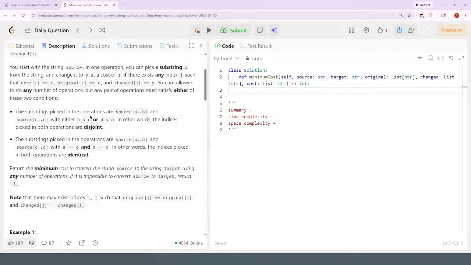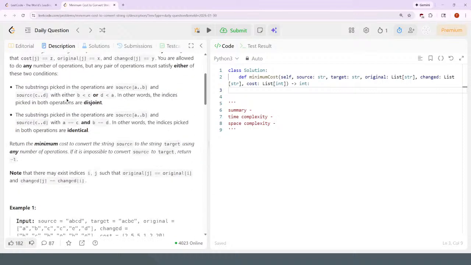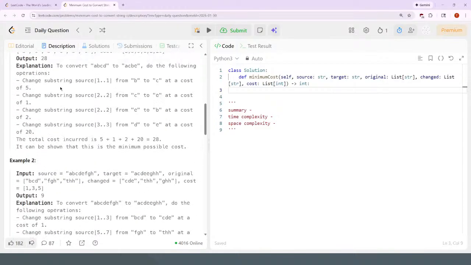So you can't pick overlapping things here. I think I understand.